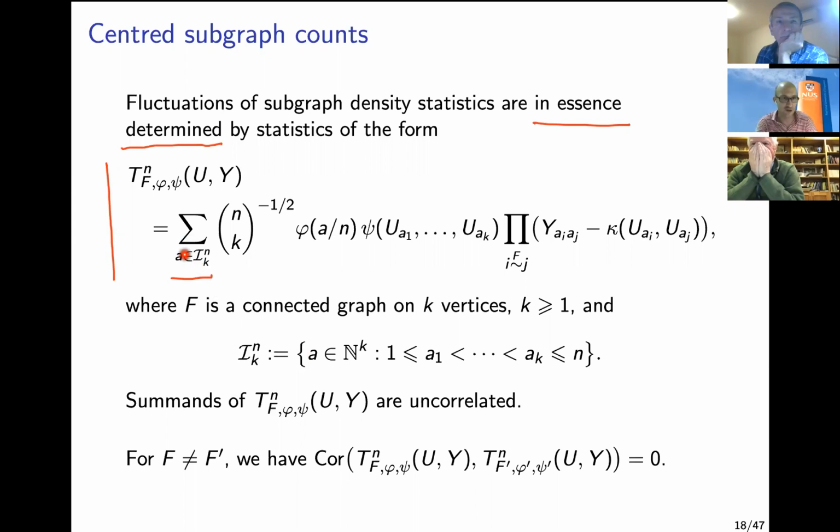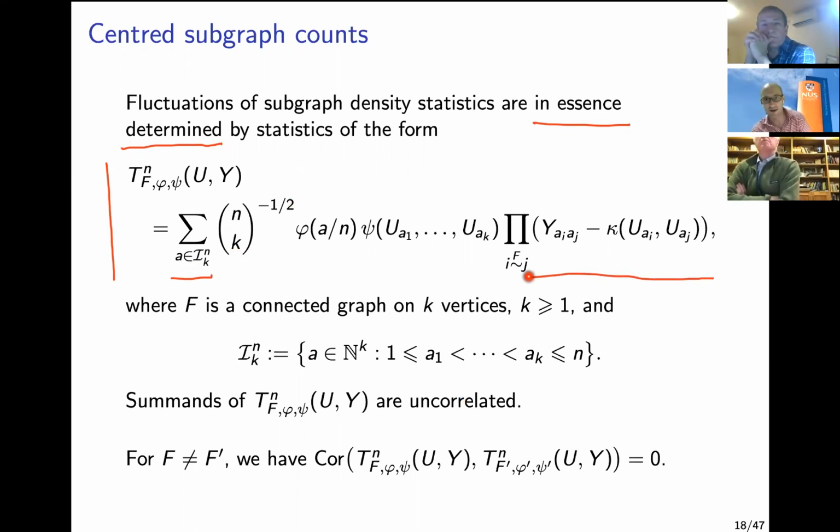There are n choose k elements in here, and the nice thing about this sum is, first of all, the summands themselves are uncorrelated. So we can tell immediately what the correct scaling should be. It's just n choose 1 over square root of n choose k. That's the correct scaling, because these summands are uncorrelated.